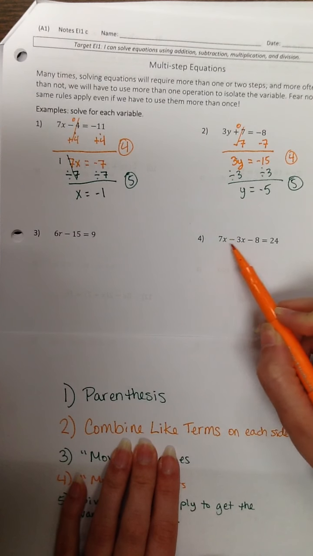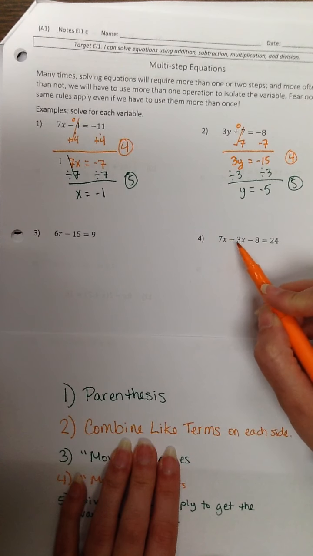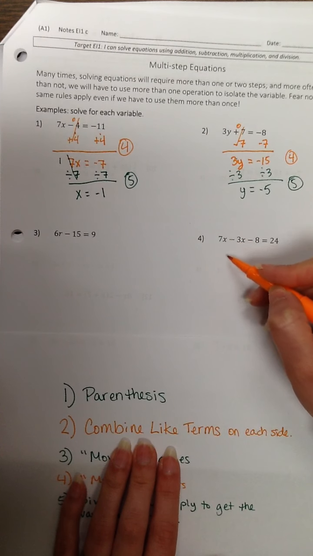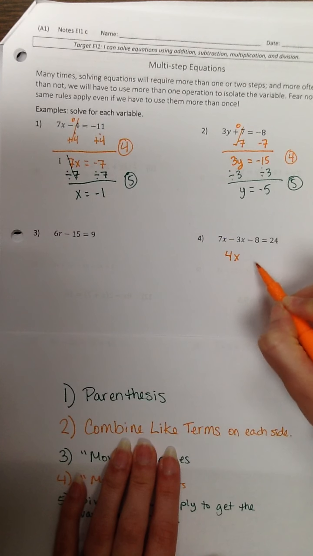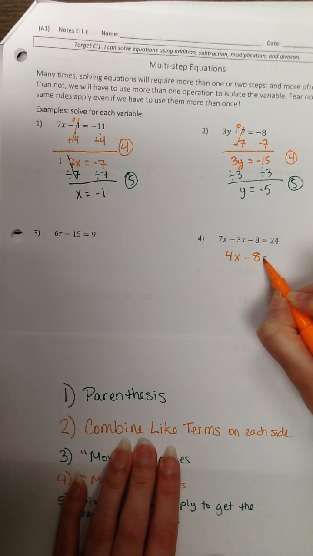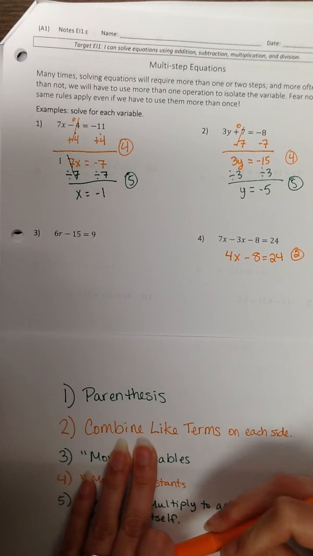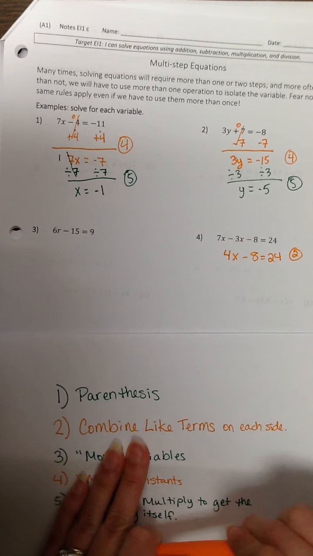So I have two terms that have a single x as the variable. So I can go ahead and combine those. So 7x minus 3x leaves me with 4x's. And I'm just copying down the rest of my problem. That's step 2 out of my 5 steps here.